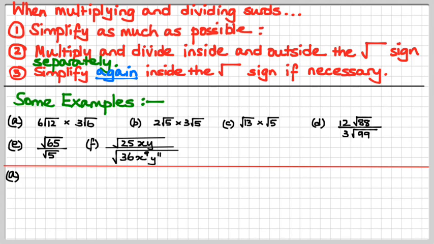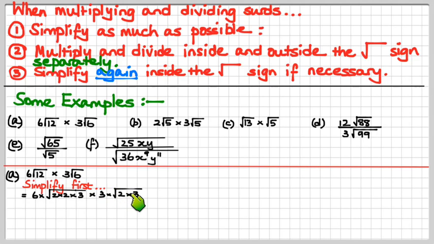However, they will all give up without a fight when we assault them with our deadly surd weapons. Number A. Today, let's simplify what's under the surds. The first term is 6 times root 12, and 12 is 2 times 2 times 3, the prime factors of 12. Times 3 outside the bracket, and 6 is 2 times 3, the prime factors.